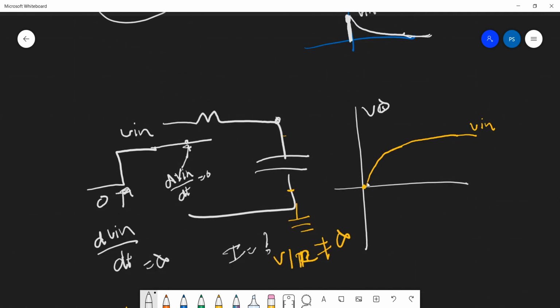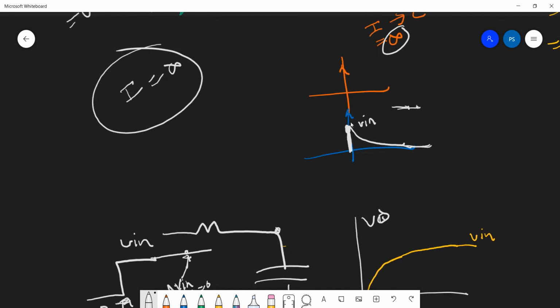Whenever there is a sudden change in input, the circuit will take certain time to respond to that. Similarly here, I suddenly excited it at 0 time and then left it, so it is responding to it and will take its own time. If there is a change in the input, the circuit, based on its own time constant, has to respond to that, and that is decided by the circuit time constant, the product of R and C.